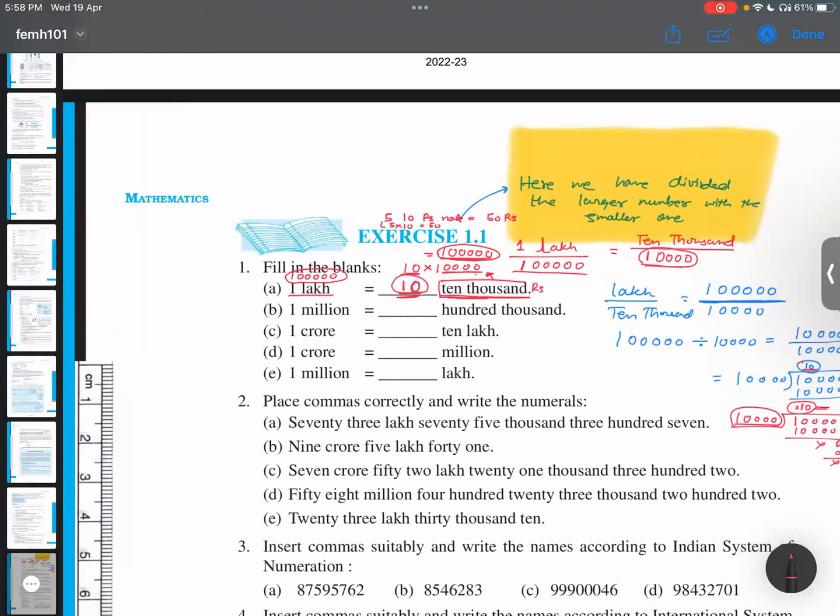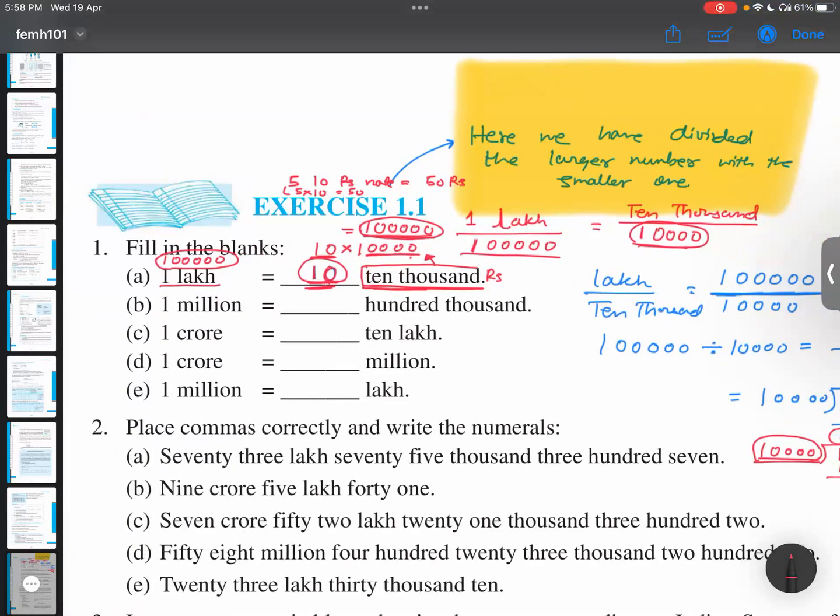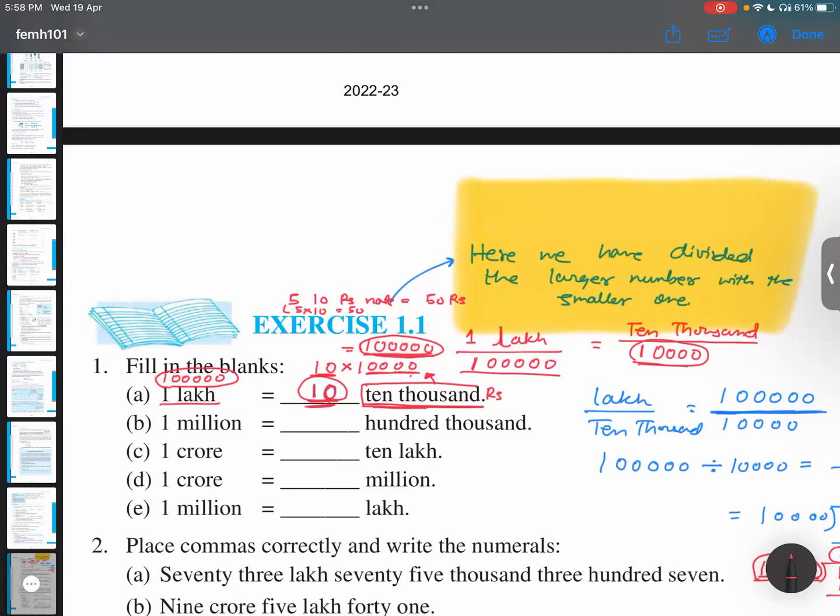Okay, if we put 10 into 1,000, it would become the same, 10,000. Let's do this. 1,000 is having how many zeros? 1,000 will have three zeros. Yes. Okay. Now, what about 10,000?